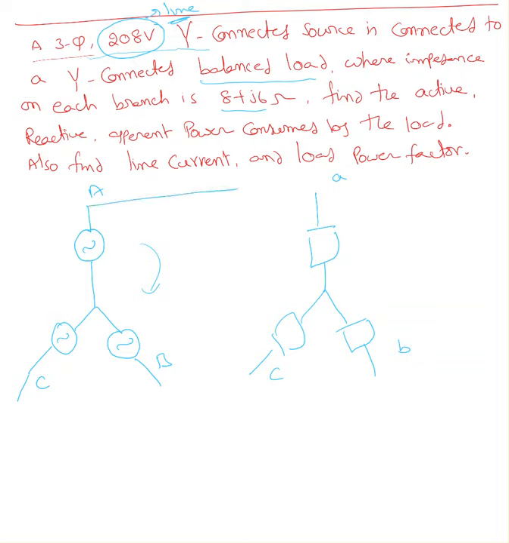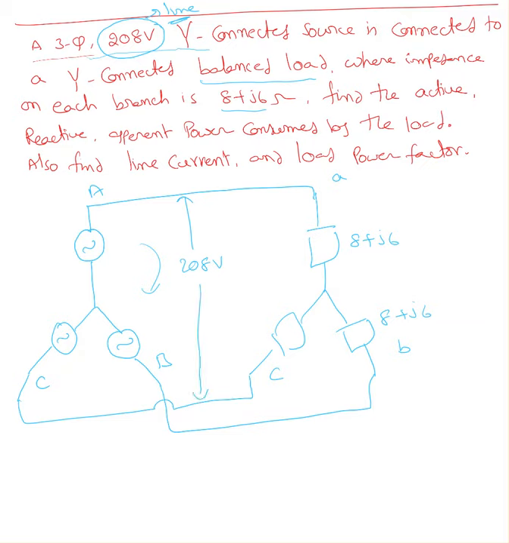Make sure you connect A to A. Sometimes you may get confused and connect B to C, but make sure you connect B to B and C to C. Here this is 8 plus j6, and each branch has the same value. Now he gave us this voltage as 208 volts, V_AB. The given value is always the line-to-line voltage.